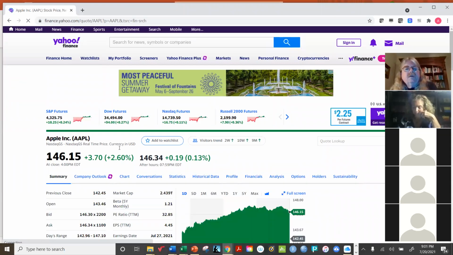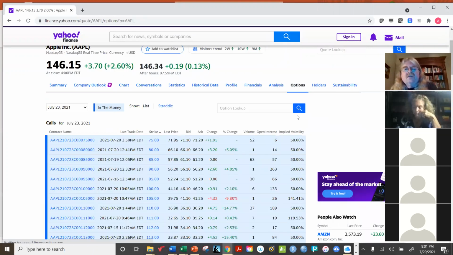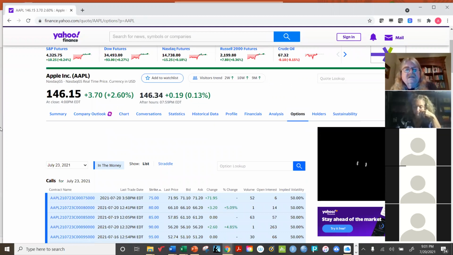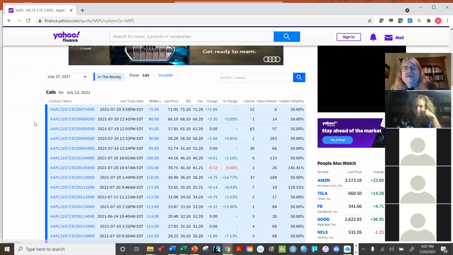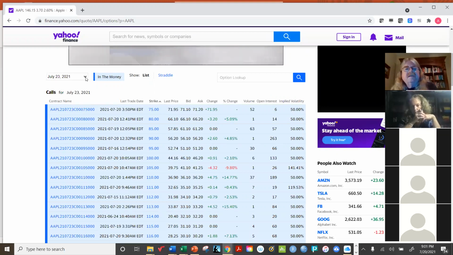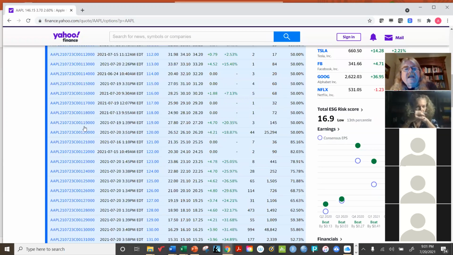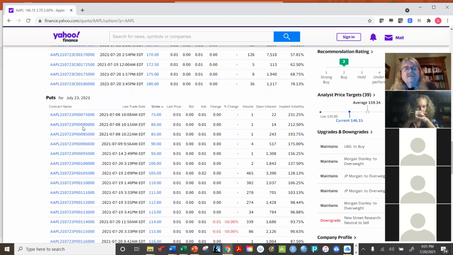Now, if you look at this website, way over here, it shows options. And these are actual options that traded today on Apple stock. So what do we notice here? First of all, they all have an expiration date of July 23rd, which is Friday, I believe. Yeah, Friday. And you'll notice on top we have calls. And then after this huge list of calls, we have puts.